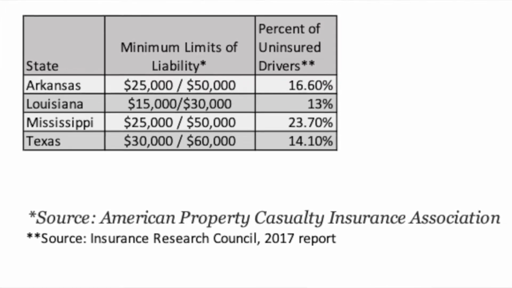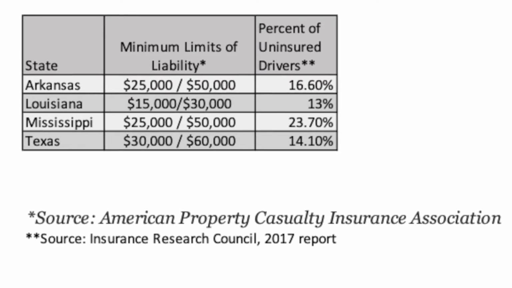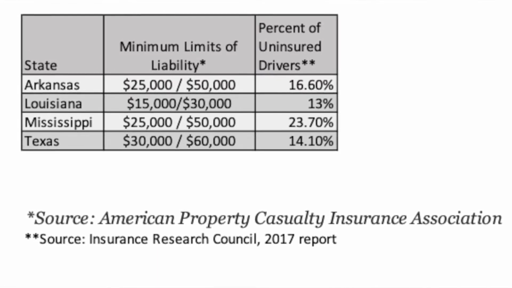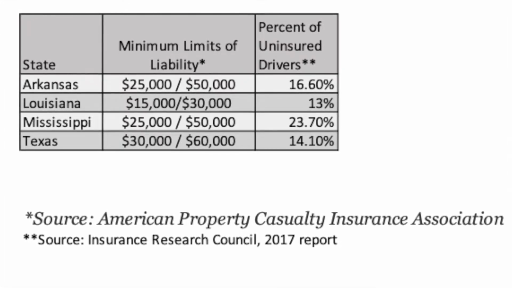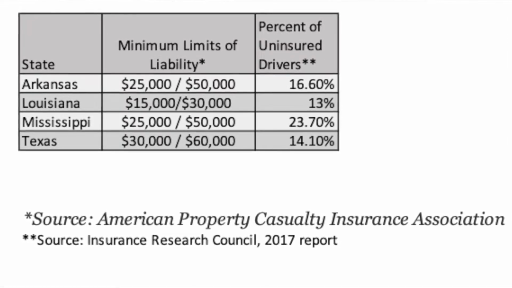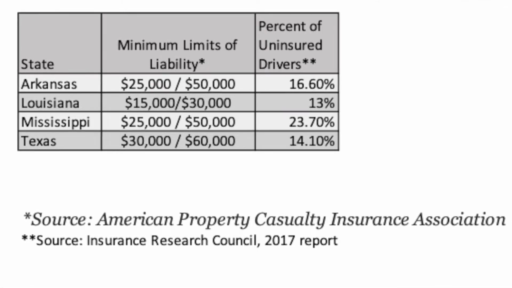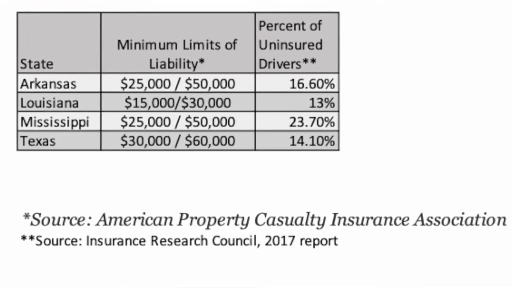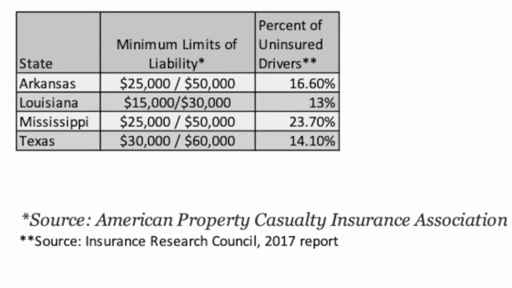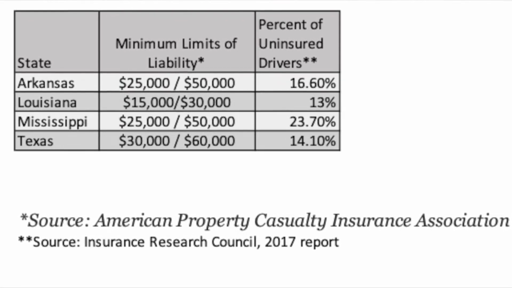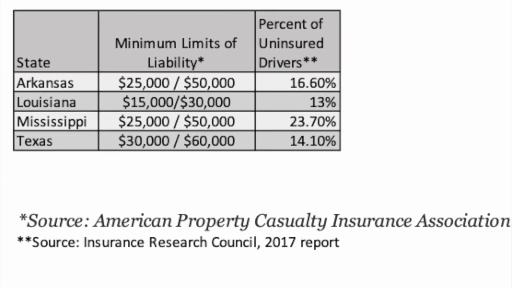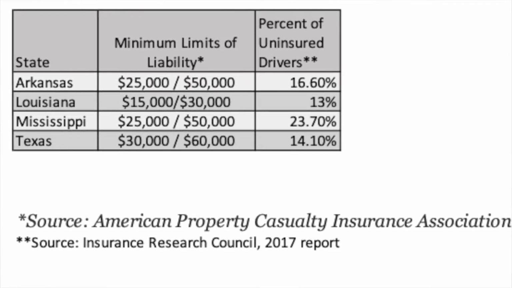The highest state is Mississippi at 24%. So think about that. As you're driving down the road in Mississippi, 1 out of 4 cars that you are around have absolutely no insurance. That's a staggering number. Now, in the other two states, Texas is 14% and Arkansas is 17%.